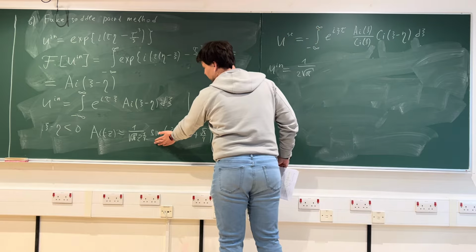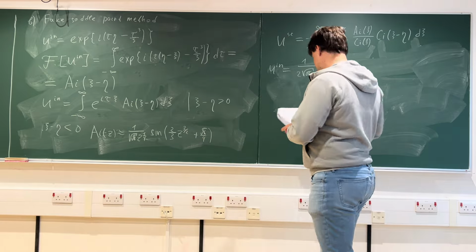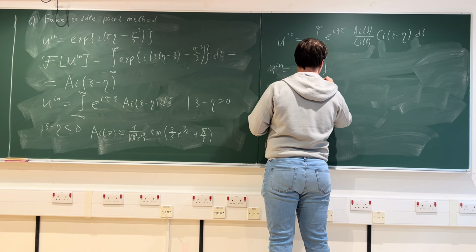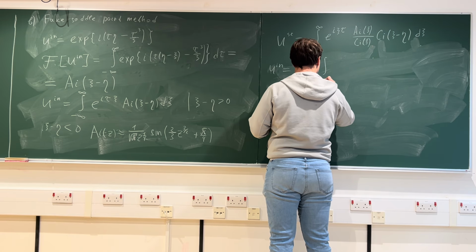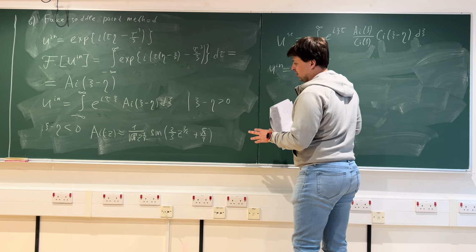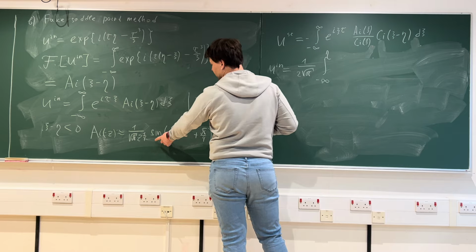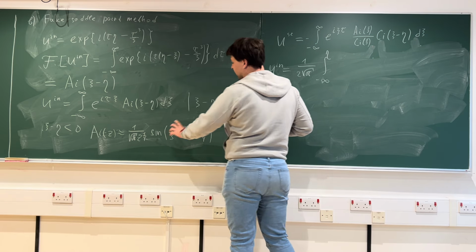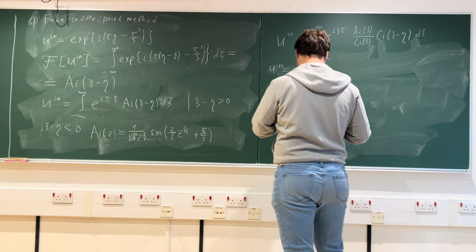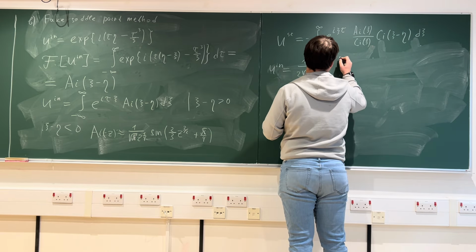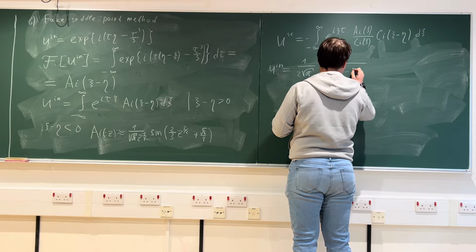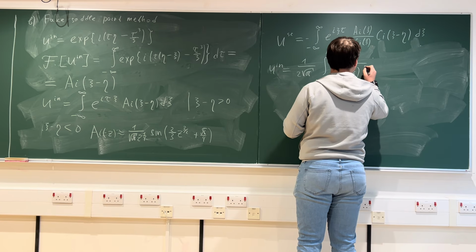I want the thing to be an exponent. So the form I like is like this. Also, I don't want to write it as sine. I will shift the phase and write it as cosine. It doesn't matter, just to make things look a bit neater.